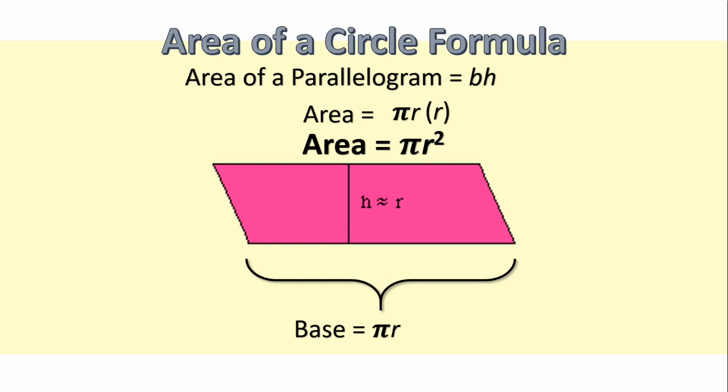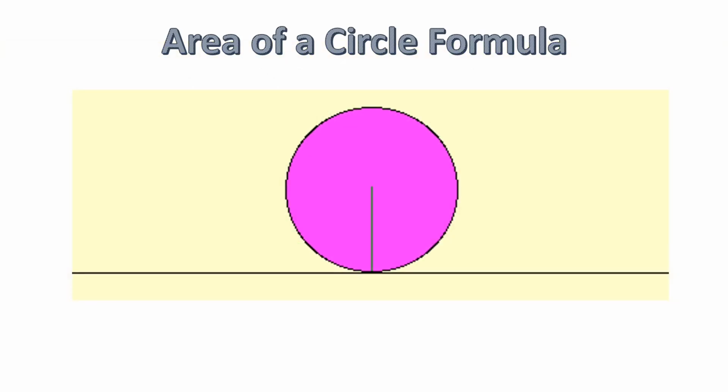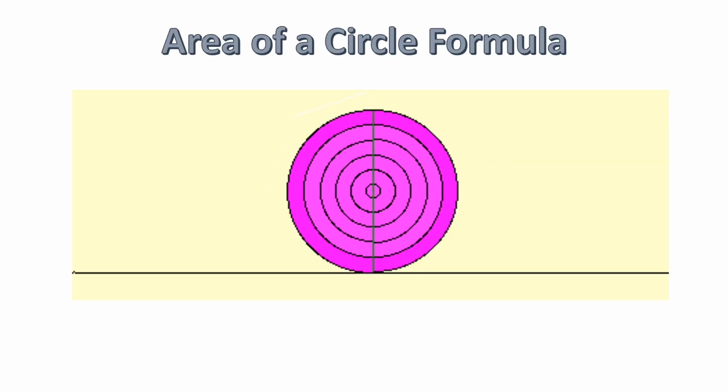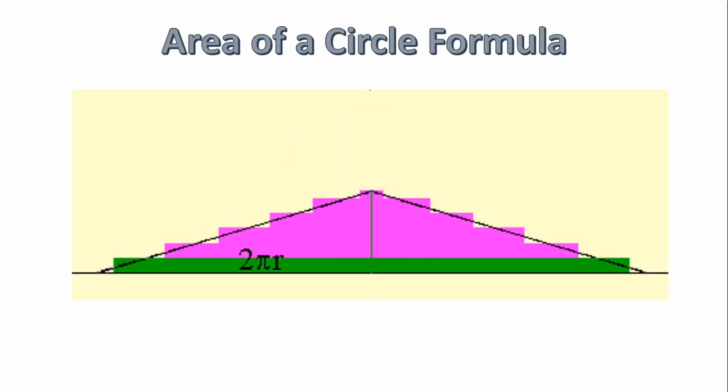Another way to think about it is if you take a circle and you take the radius, the circumference is 2 pi r, and you break it down into something like a pyramid. It's basically a triangle, and the base of it is the circumference of the circle, right?